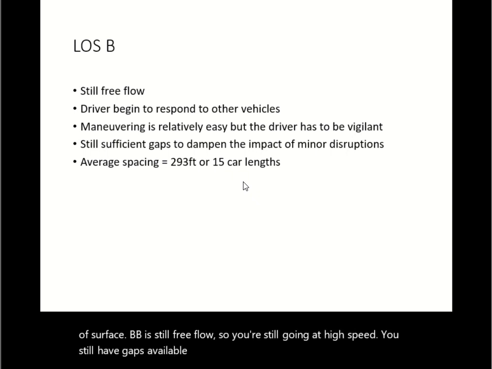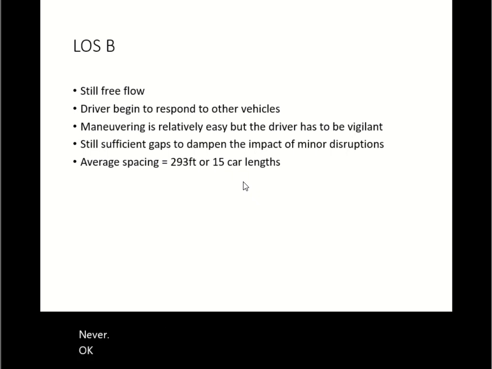But now the flow has become higher, so the gaps are slightly narrower, smaller. That means I'm going at high speed, but I will be more careful now, because the other drivers are closer to me than in the previous case. I see there's a lot of gap, but I will be more careful.